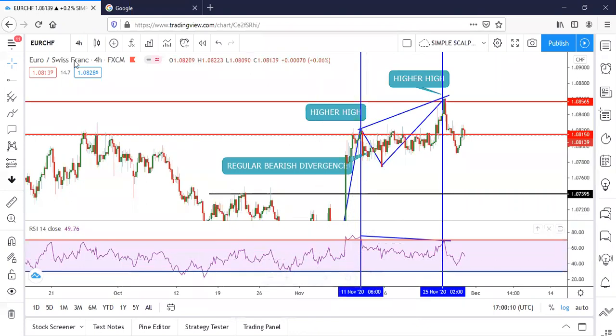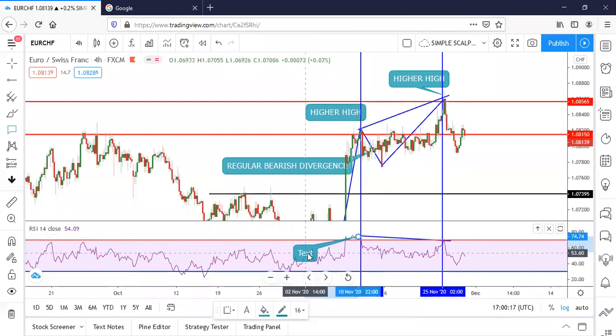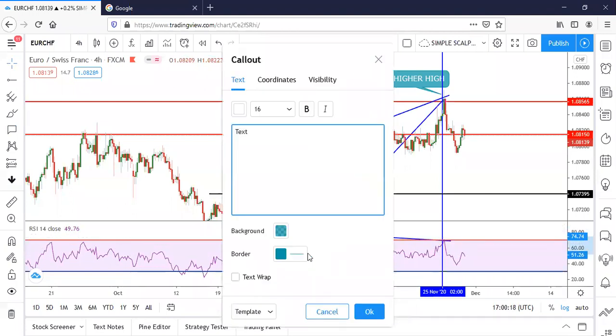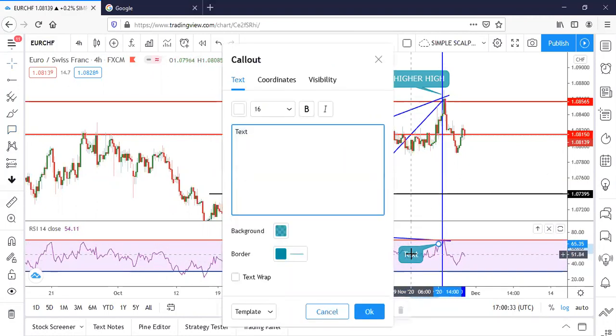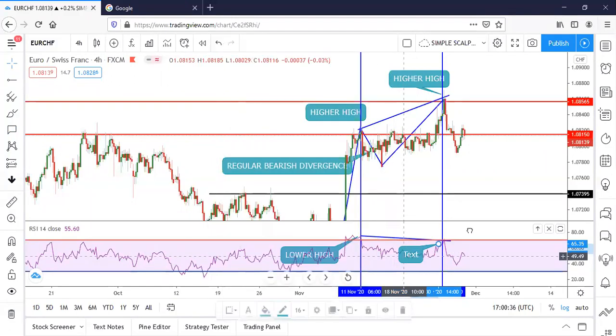This should be lower high. Let me quickly correct that. Lower high. Another lower high. Let's do it this way.